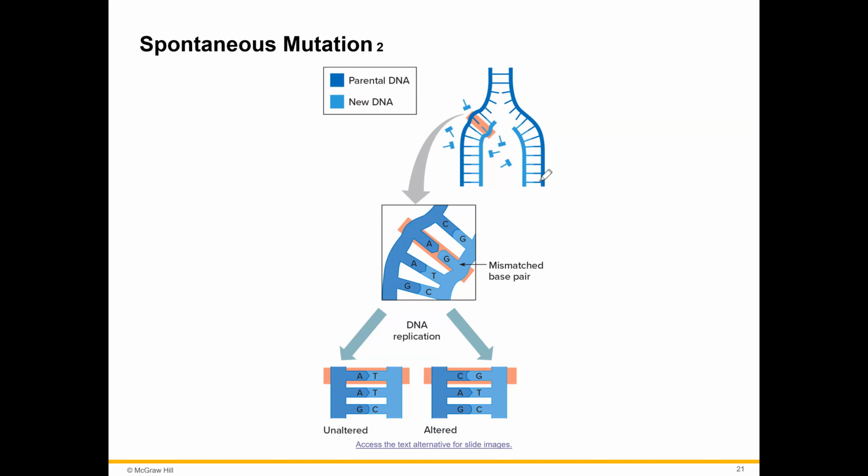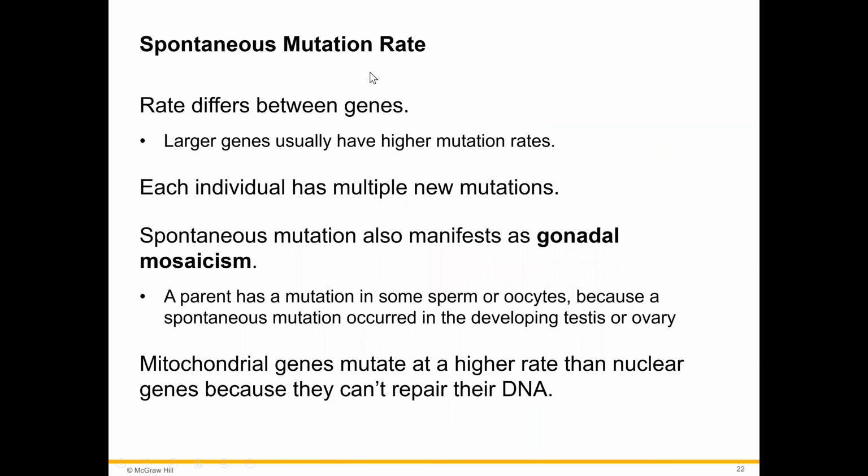So the DNA will have a mutation, right? So we replicated DNA one time, we made a mistake, right? Now when this cell that has this DNA with a mutation divides, it still can pass normal DNA to one daughter cell and DNA with a mutation or altered DNA to another daughter cell. Right, so that's a spontaneous mutation. It's just a mistake in DNA replication.